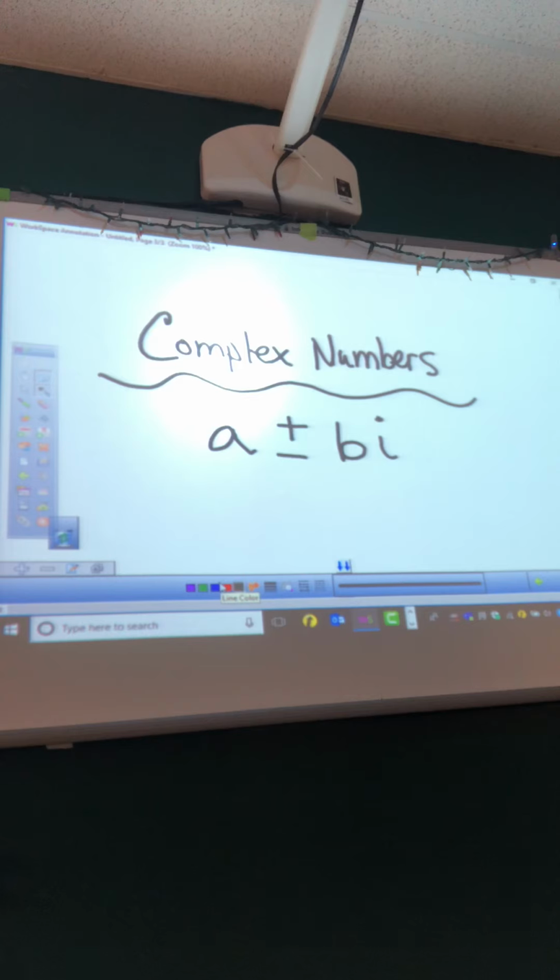Okay, there is a complex number. It doesn't look like numbers at all because it has a bunch of variables in there, correct? But if I were to say, okay, what's the imaginary part? Well, what indicates imaginary? The i. So right here, here's my imaginary part.